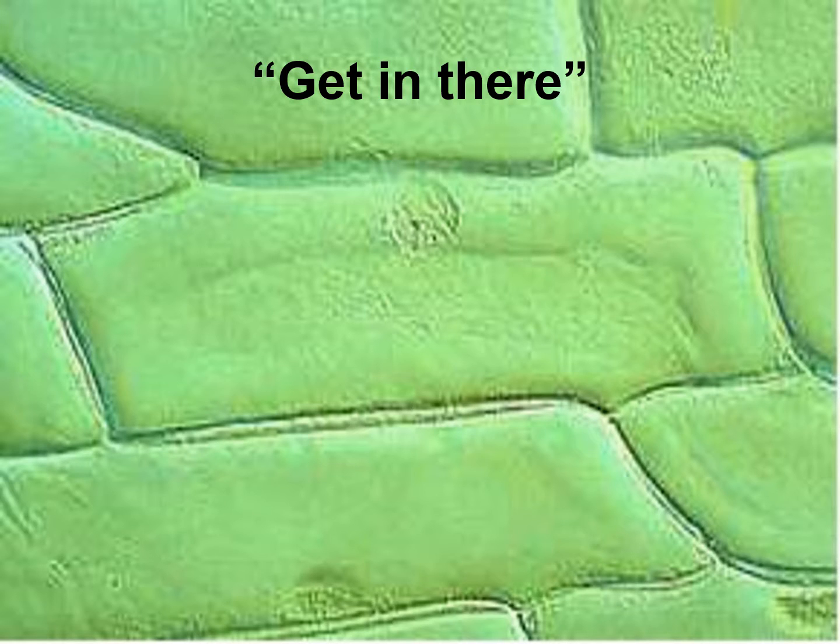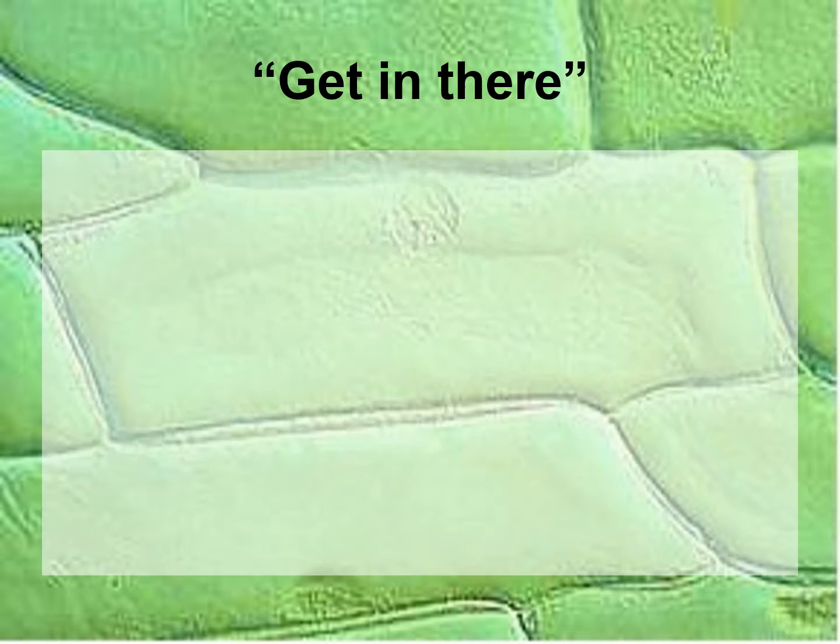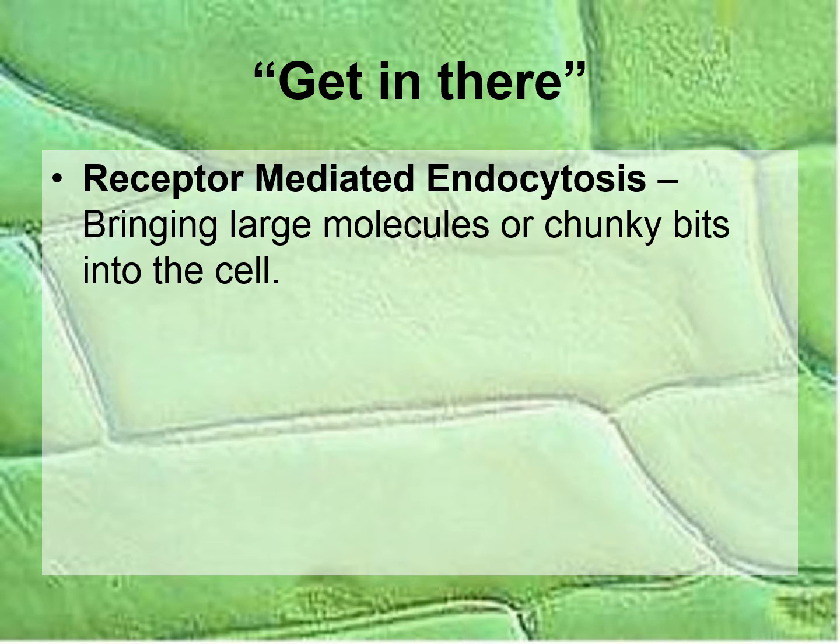Just to preview what we're going to talk about here next class and in other classes, how the material actually is forced into the cell. One of the ways, since we are talking about receptor molecules and the structure of the cell membrane, this is an appropriate time to at least introduce the idea of receptor-mediated endocytosis. Endocytosis is a mouthful, all right, but the prefix endo here means inward.